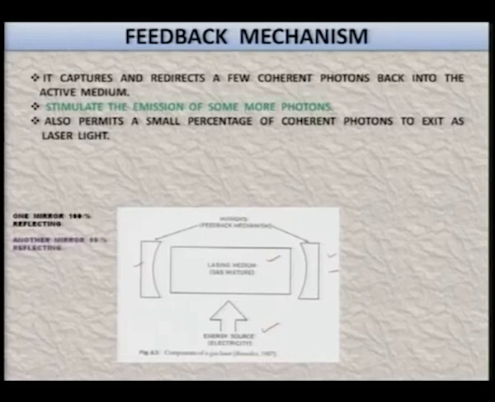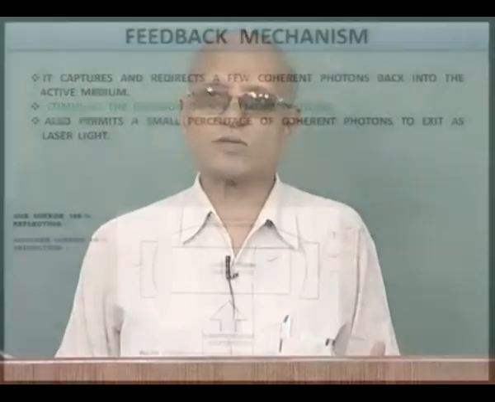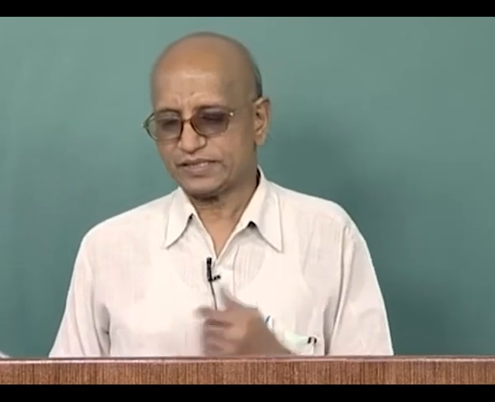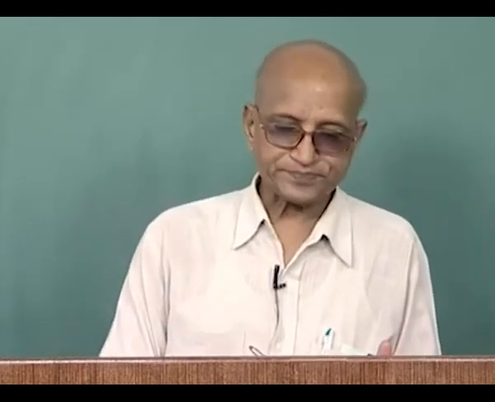It also permits a small percentage of coherent photons to exit as laser light. As I mentioned, on the right hand side, suppose it is 95% reflecting, then the 5% part of the laser beam will be exiting or coming out of it, and that will be utilized for various purposes.